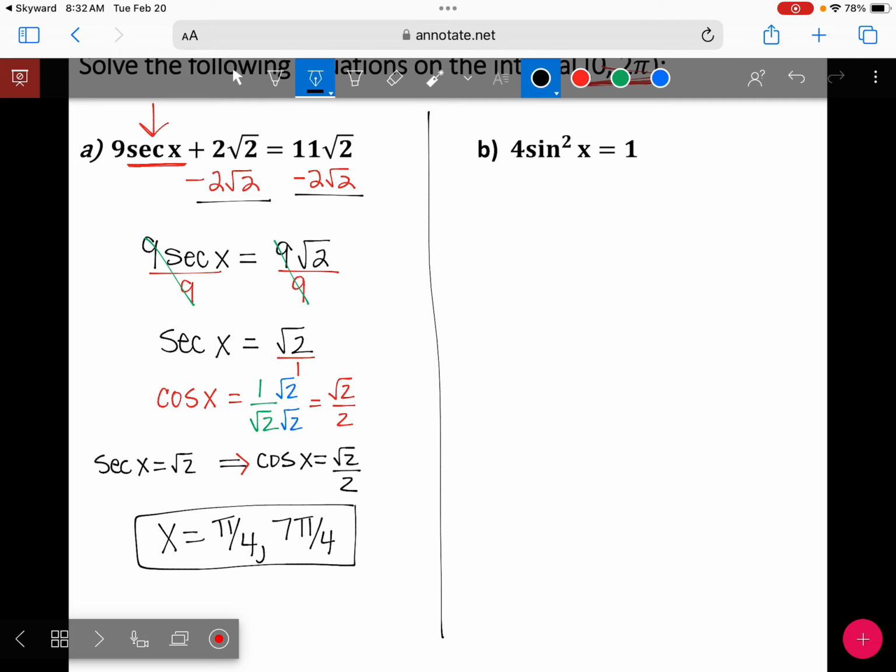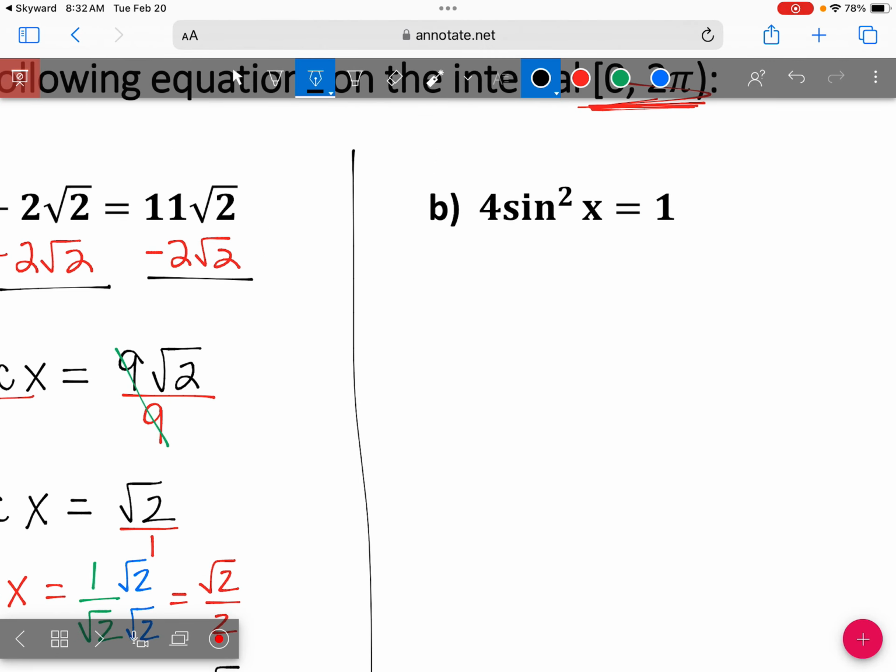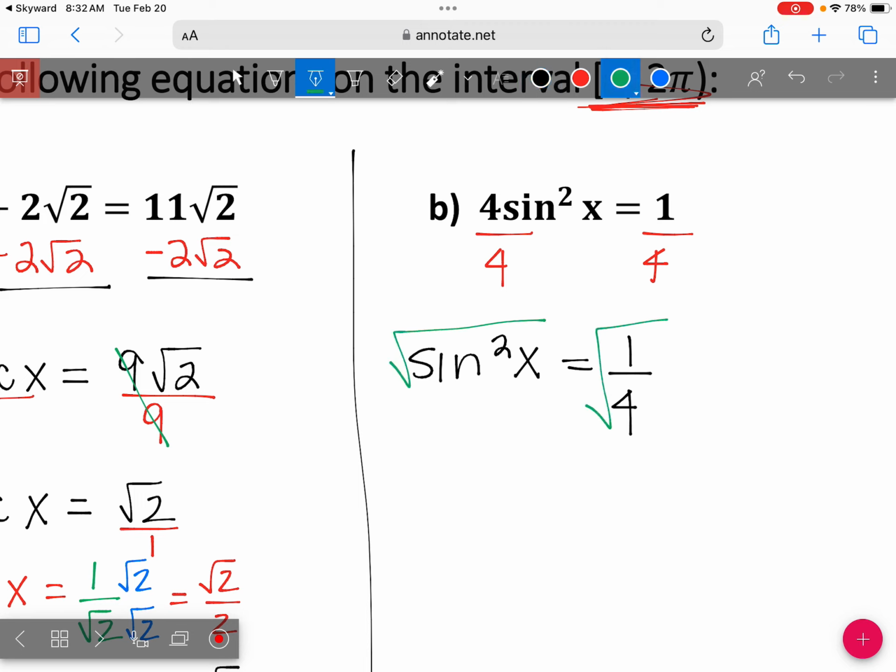So what was your first step? What did you do first? Divide by 4. That's what I would do. And then what would be your second step? Square root. When you square root a fraction, you're really square rooting the numerator and denominator.